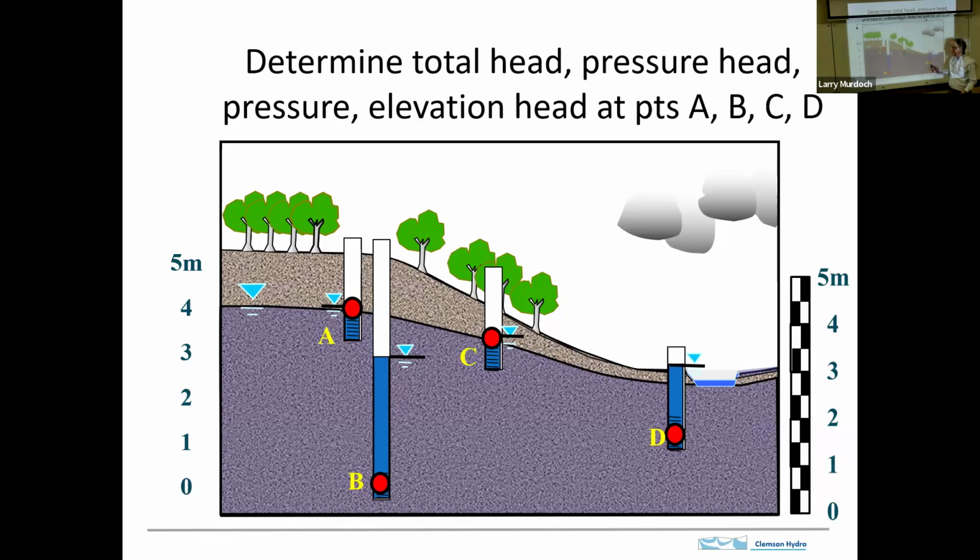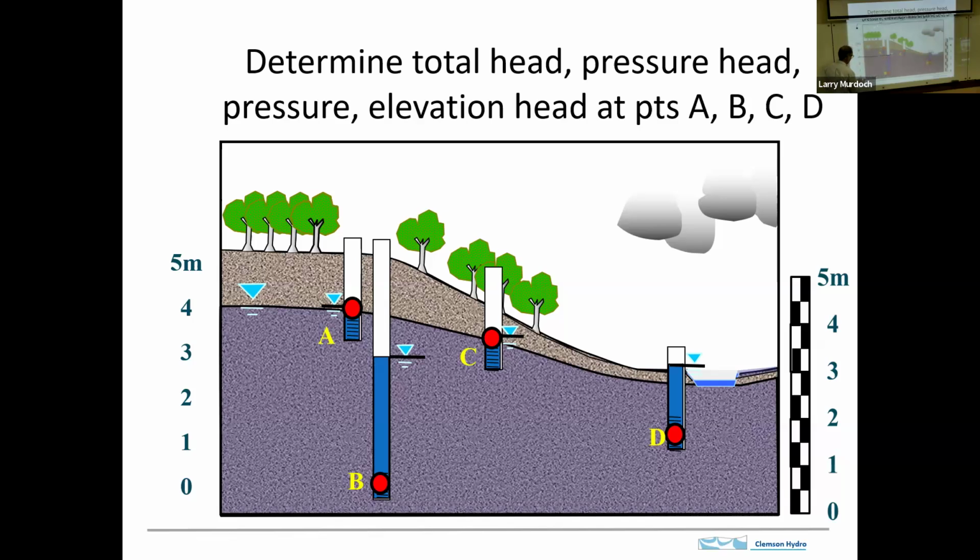Okay, so now the way to think about it is that the hydraulic head inside of this tube, this is now a sealed tube, goes up to the surface with a hole here connected to the aquifer. So within that tube, the hydraulic head is the same everywhere, and it's equal to this elevation.